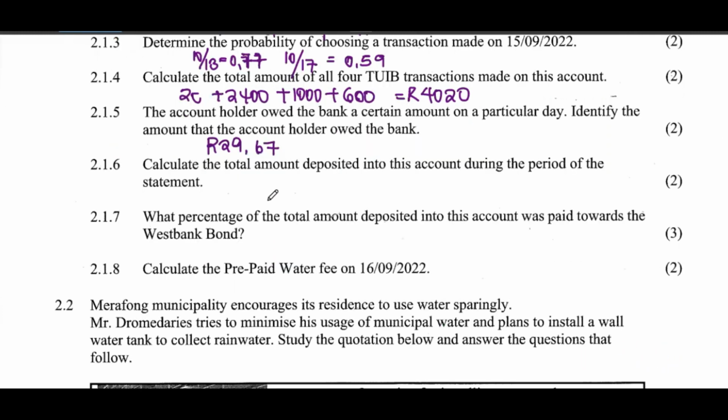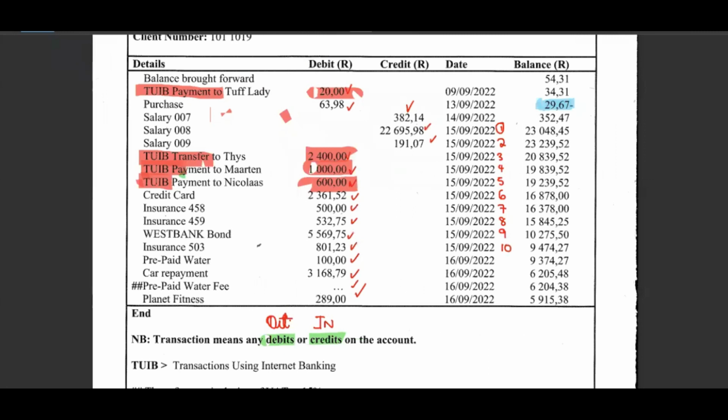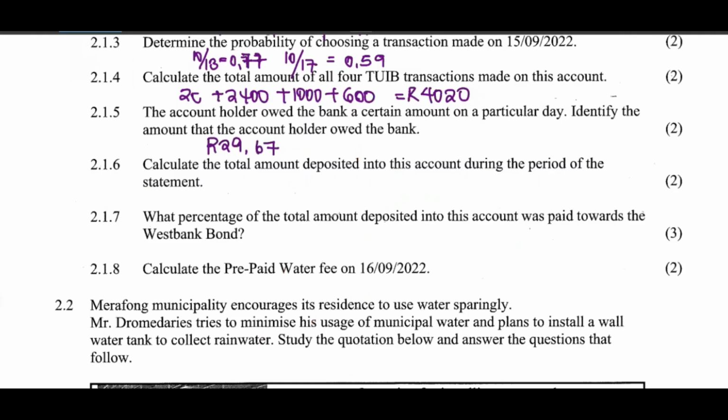Calculate the total amount deposited into this account during this period of the statement. Deposited. So here are the deposits. We have that much, that, and that. The salary is there. These are the monies that are coming in. So they told us to look for the total amount deposited.